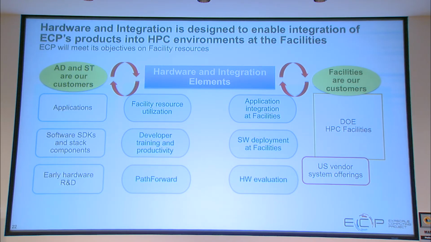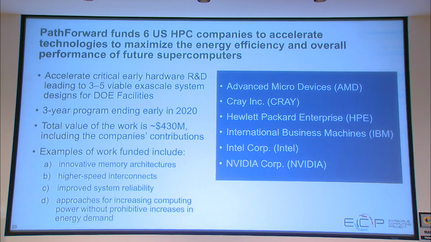And then finally, the Path Forward program element, which is a large research activity that's funding efforts at the computer vendors, 6 computer vendors in the United States, looking at what R&D is necessary for viable exascale computing systems. This program element has been running for several years and actually concludes in 2020, because all of these technologies needed to be available for deployment in the exascale systems, which I said are coming online in the 21 through 23 time frame.